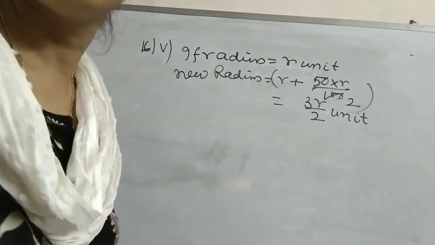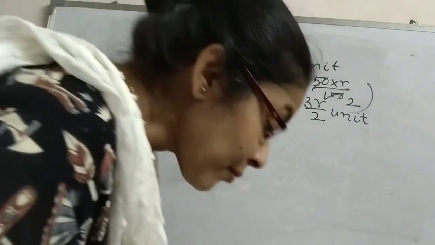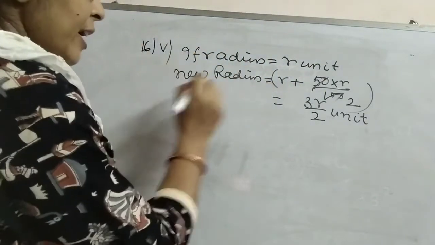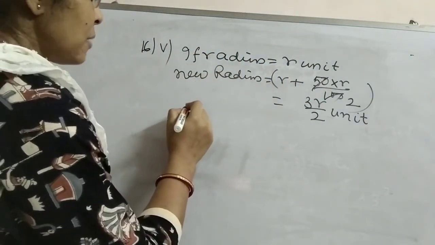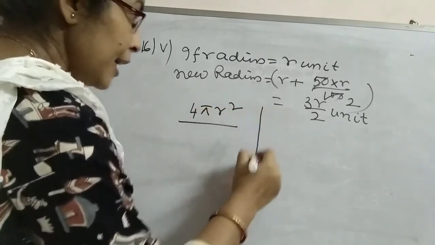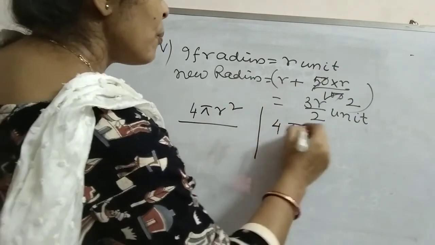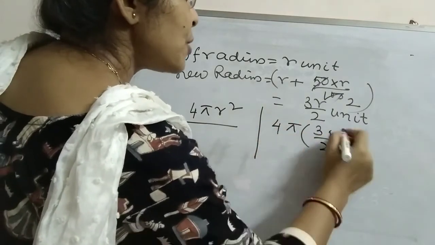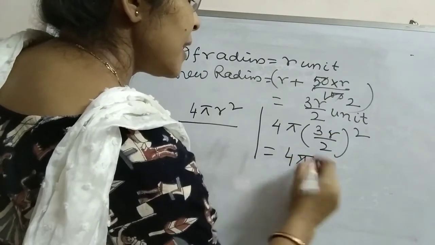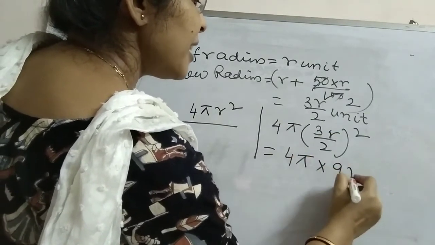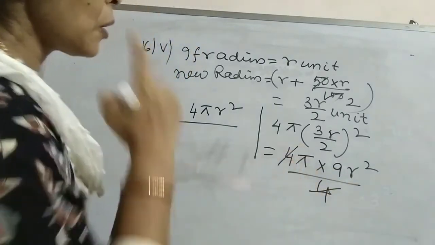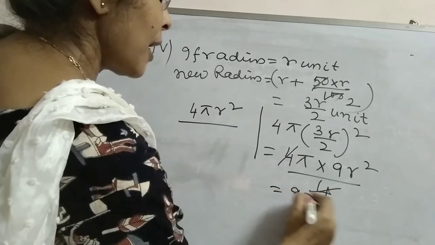Okay, 3R by 2 unit. When the radius is R, then the curved surface area is 4 pi r square, and the new curved surface area is 4 pi into 3r by 2 whole square, that is 4 pi into 9r square by 4. The 4 cancels out, 9 pi r square.